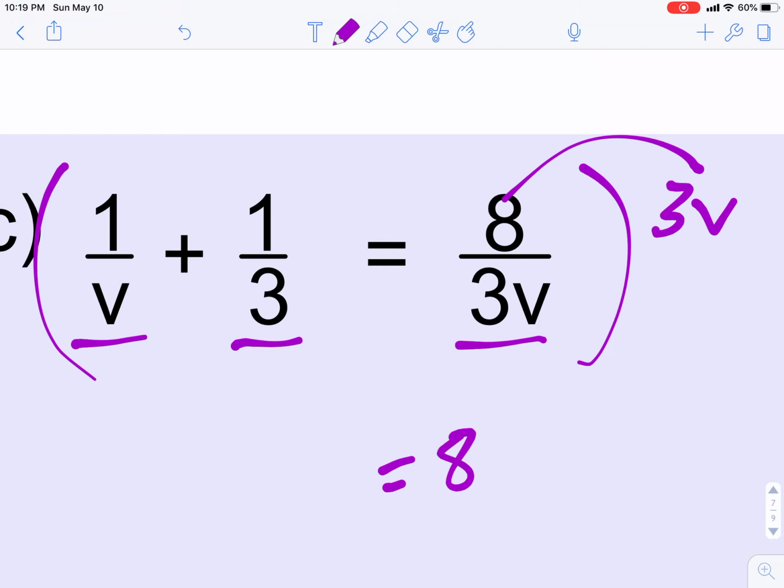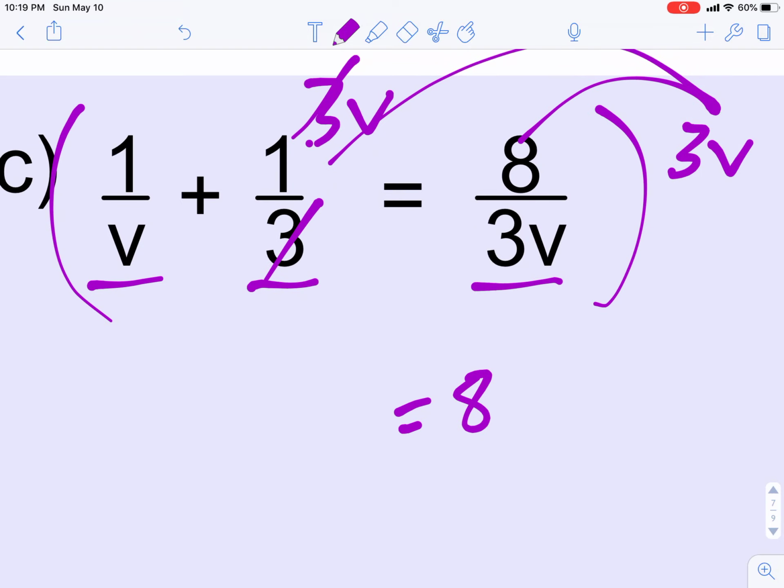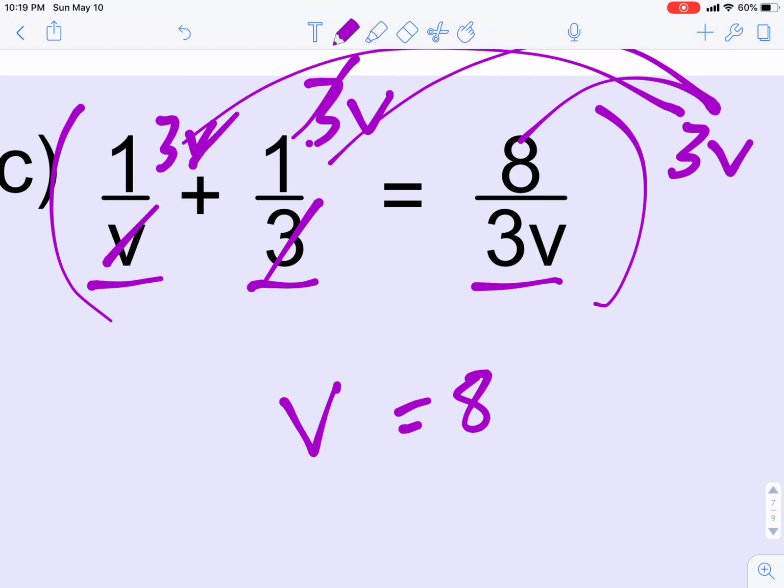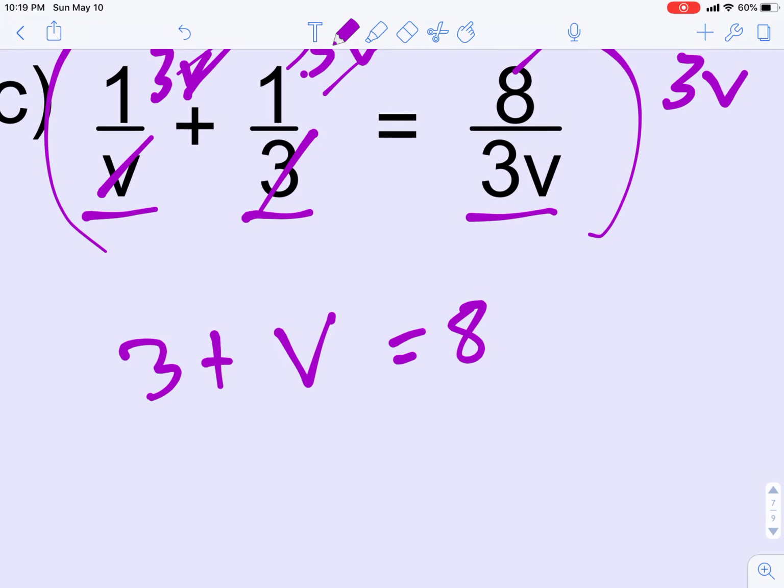We're left with 8. Multiply it here by 3V. The 3's cancel out. So we're left with 1 times V, which is V. Multiply it over here by 3V. The V's cancel out. We have 1 times 3, which is 3. Subtract V equals 5.